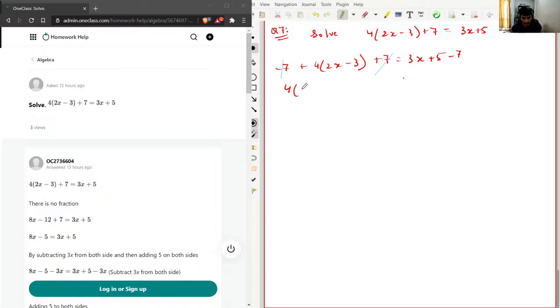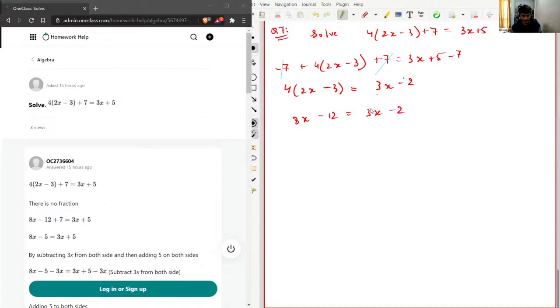So it will become 4 times (2x minus 3) equal to 3x minus 2. And now I'll divide both these sides by 4, I guess. No, I'll not divide it. I'll just multiply this 4 in this. So this will become 8x minus 4 3s are 12 equal to 3x minus 2.